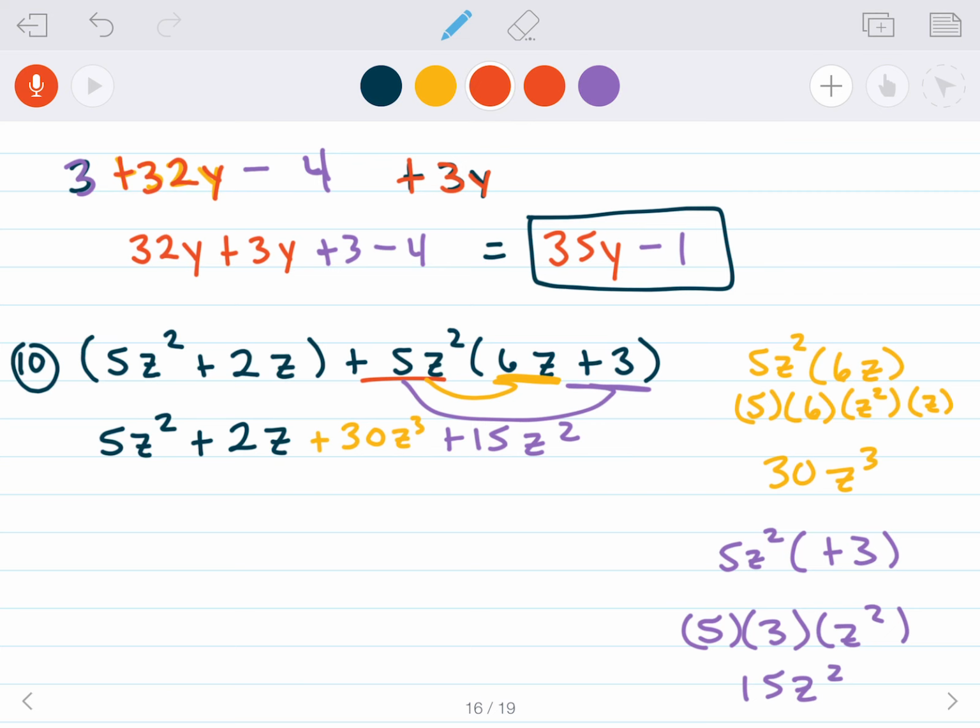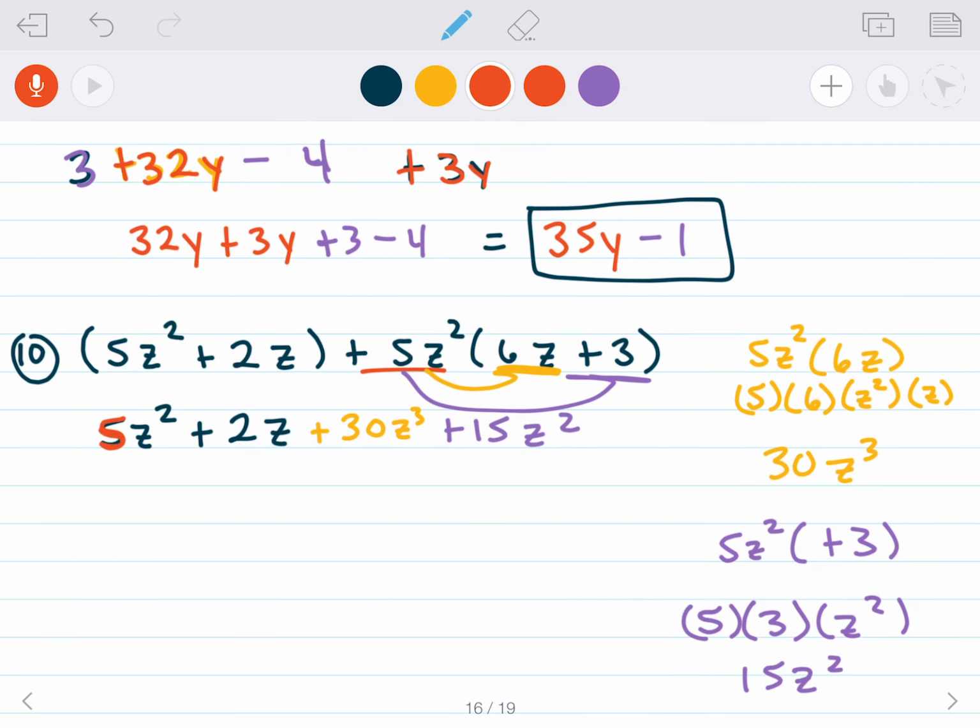Okay, like terms, I have z squareds. I have 5z squared, and I have a positive 15z squared. And that's it. And actually, I'm going to write the 20z to the third first, followed by the positive 5z squared, followed by the positive 15z squared, followed by the positive 2z.